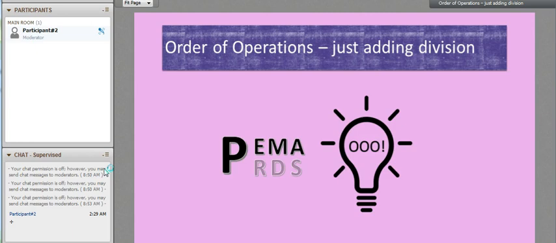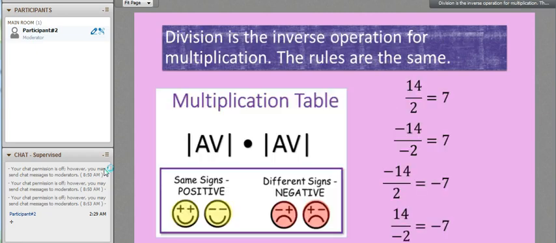One more thing we're going to add to this order of operations, we're going to add in the division. Okay? And if you look, we have parentheses, exponents, roots, multiplication, division, addition, subtraction. If you see the pattern, subtraction is the inverse of addition. Guess what division is?